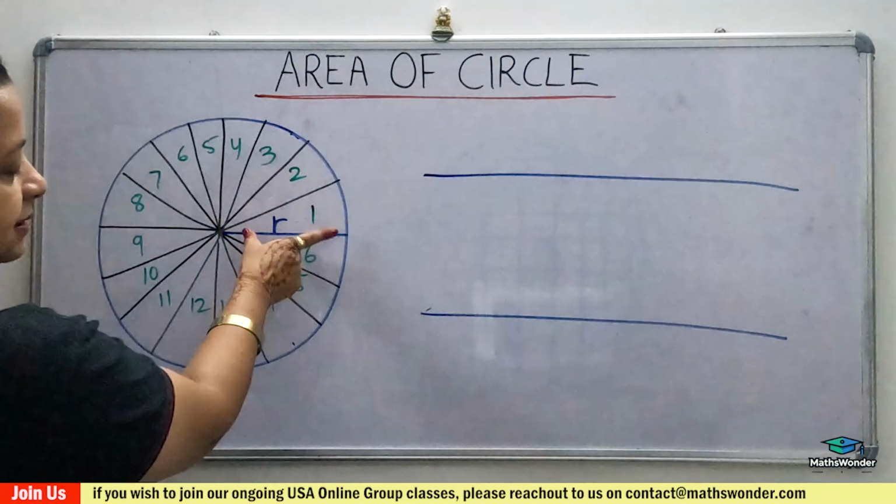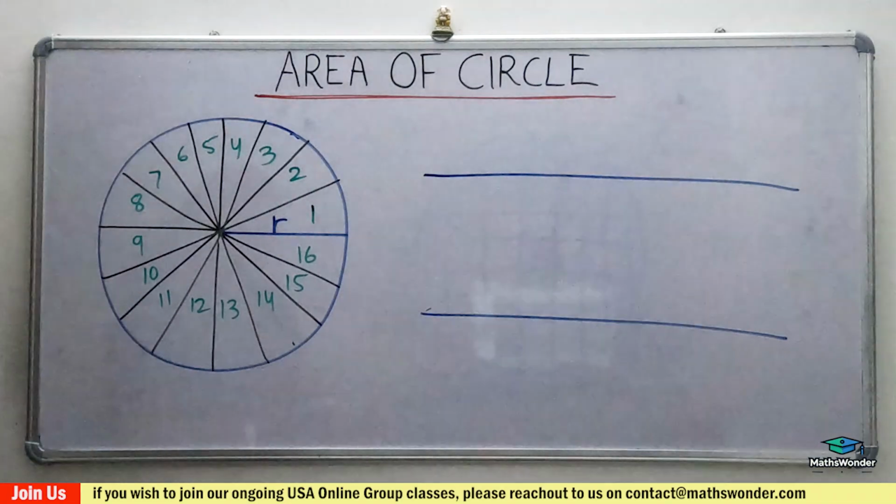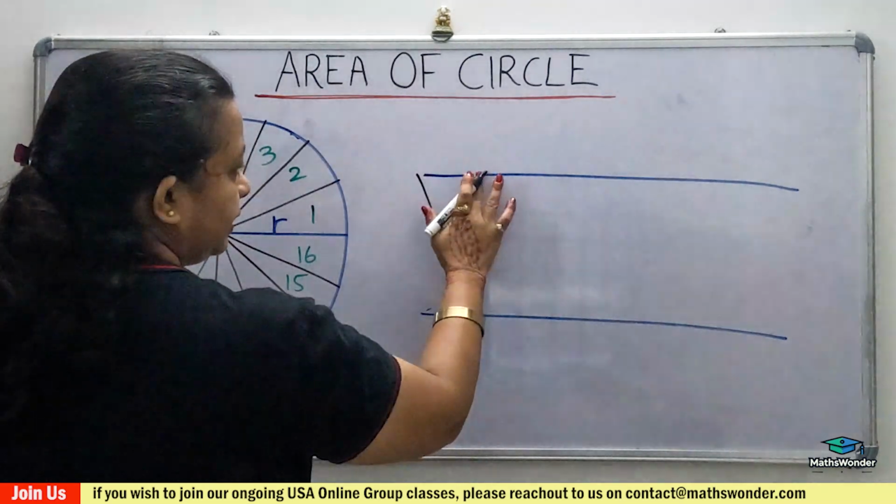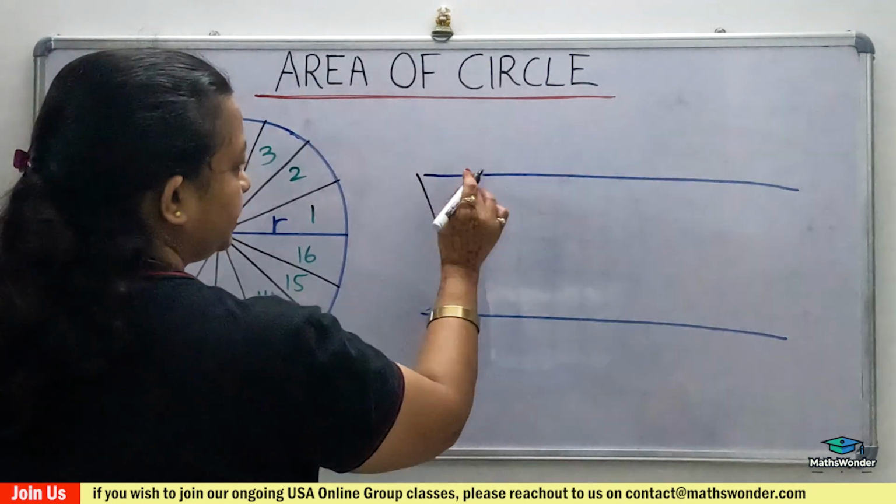Suppose this radius is 4 centimeters, okay? So now you will paste it like this, in the V shape.